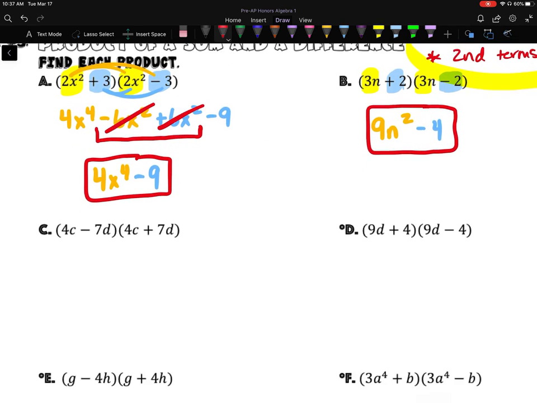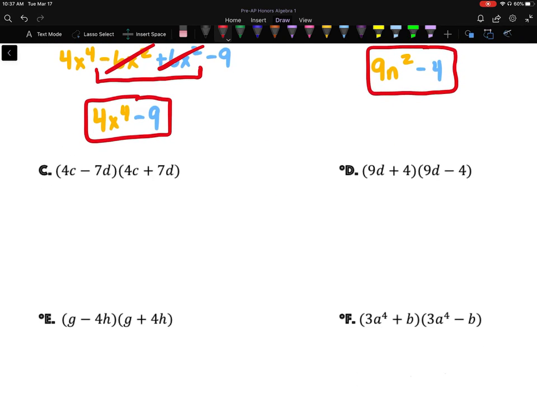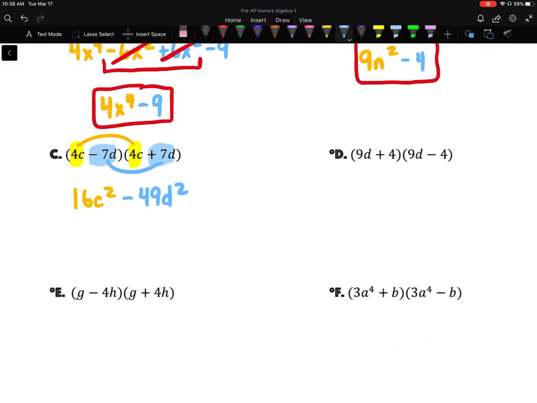In C, here we have 4c and 4c, negative 7d and positive 7d, so I can use the shortcut. 4c times 4c is 16c squared. And then negative 7d times positive 7d is negative 49d squared. So the final answer is 16c squared minus 49d squared.